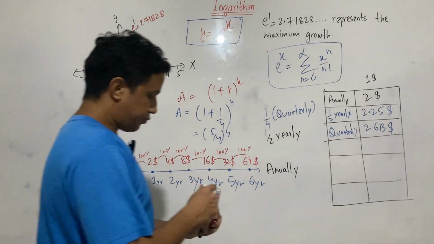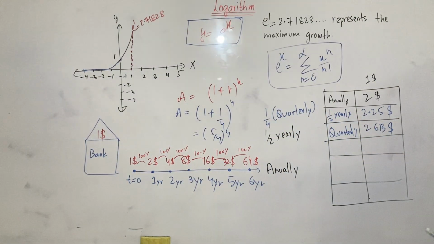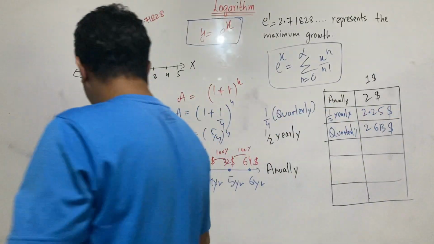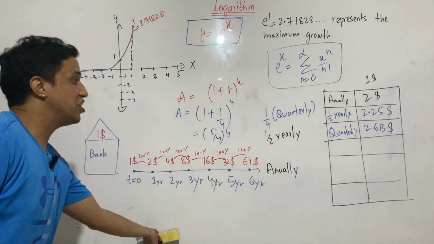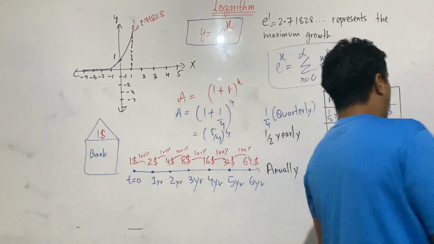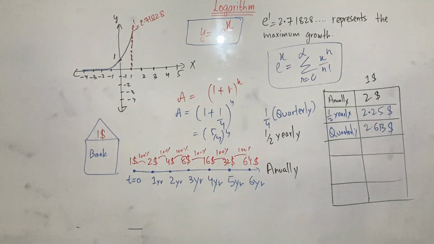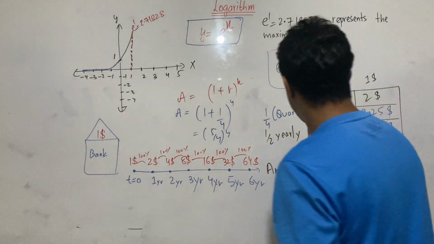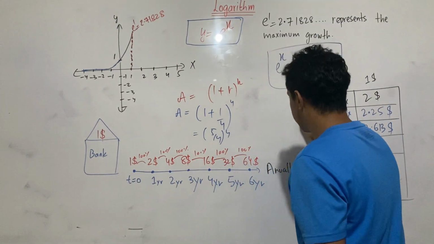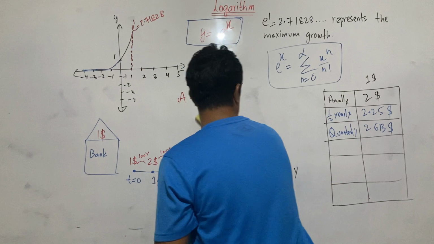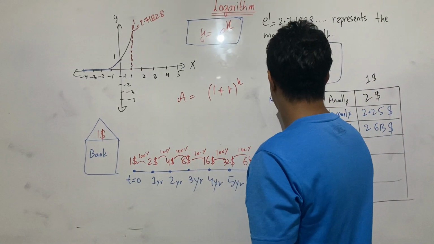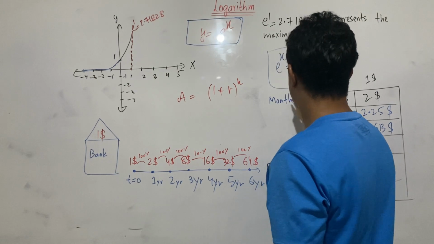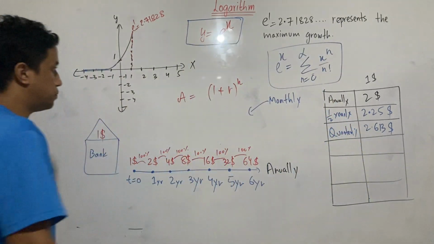Now if you say, no, I don't want it quarterly, can you do me a favor? Can you compound it monthly? Now see here, for monthly, what would happen?